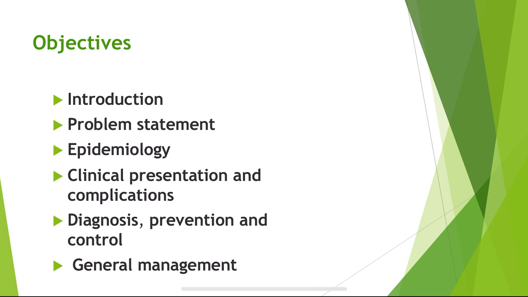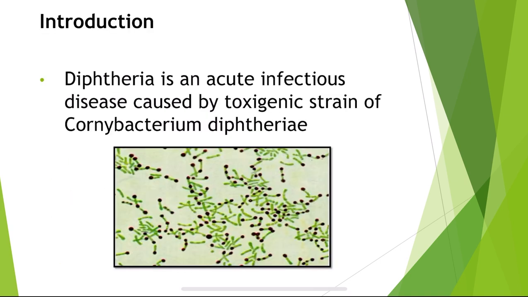management of diphtheria. To begin with the introduction, diphtheria is an acute infectious disease caused by toxigenic strains of Corynebacterium diphtheriae. So here we see the causative factor of diphtheria. What is the factor which is causing diphtheria? It is Corynebacterium diphtheriae.